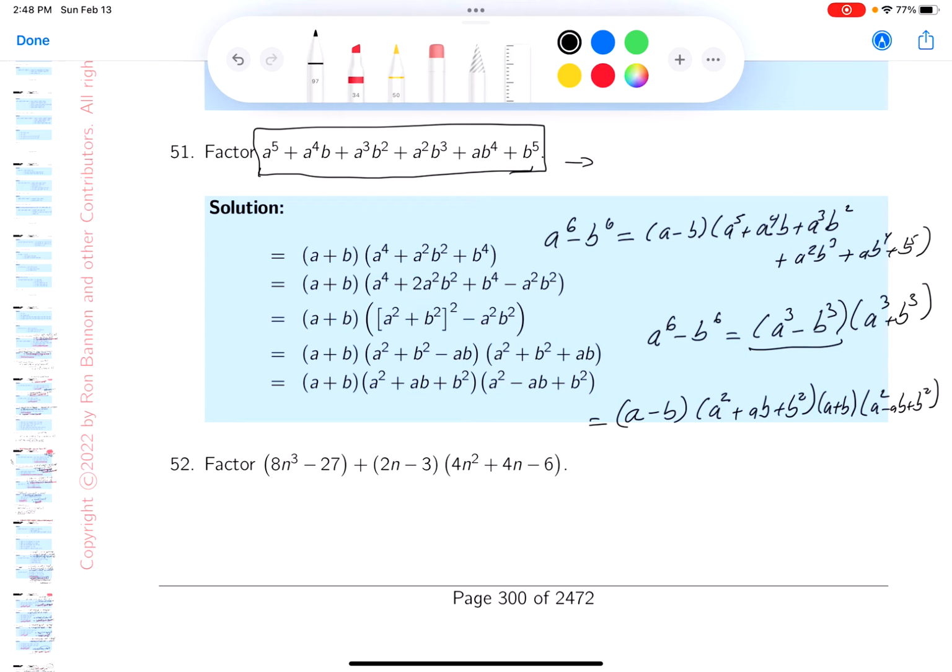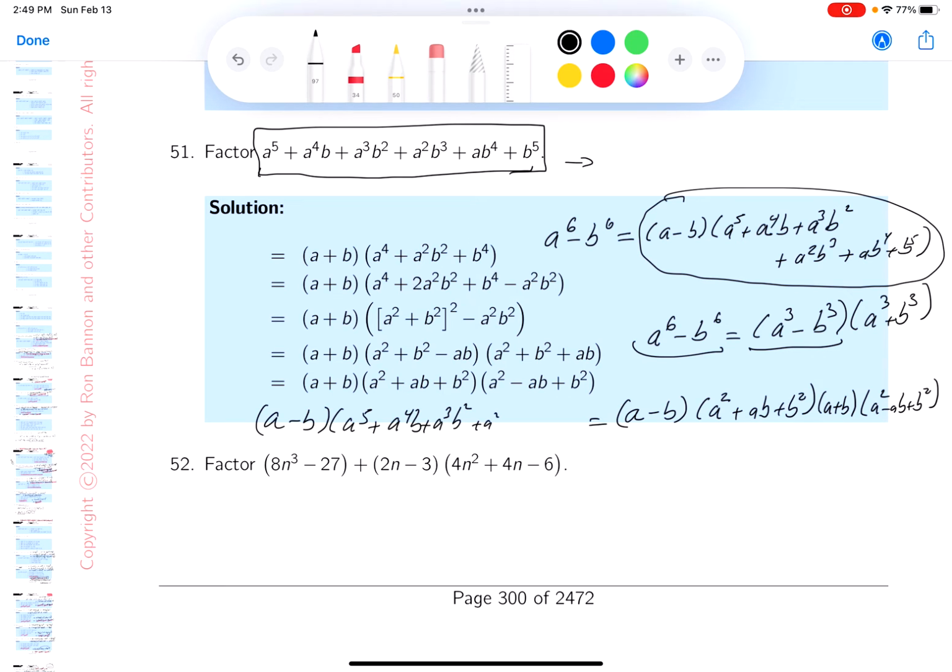And that's what this is over here. And what's that equal to, this thing over here? Let me write that down then. So a minus b times a5 plus a4b plus a cubed b squared plus a squared b cubed. Boy, am I going to fit that in?